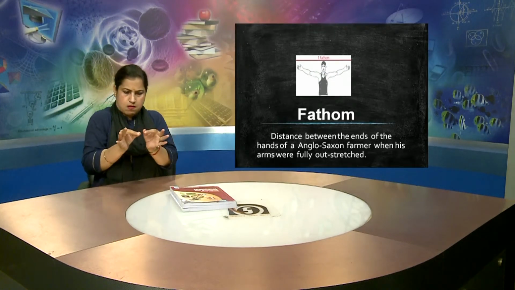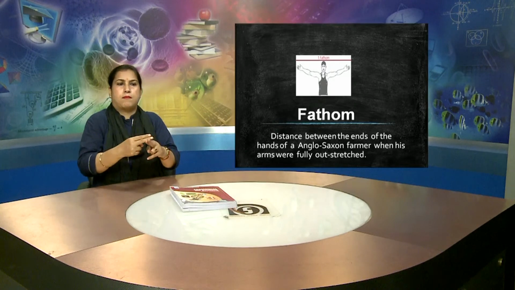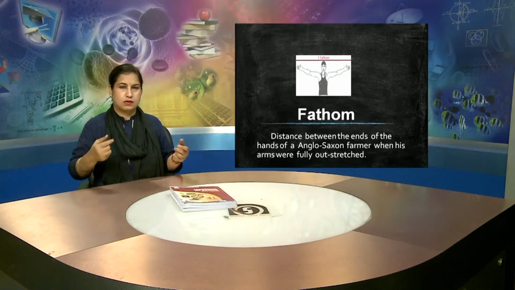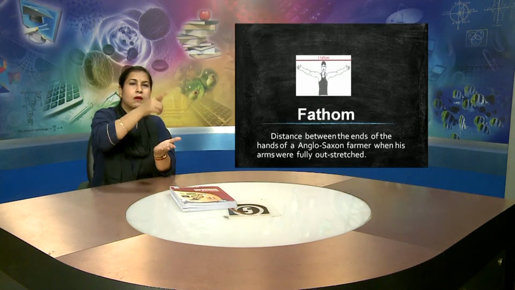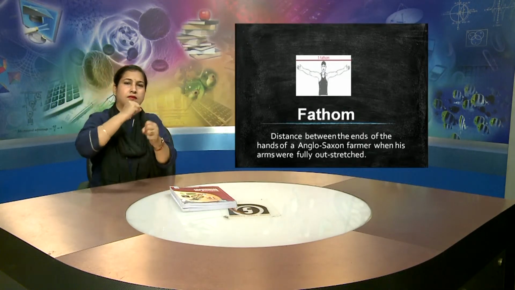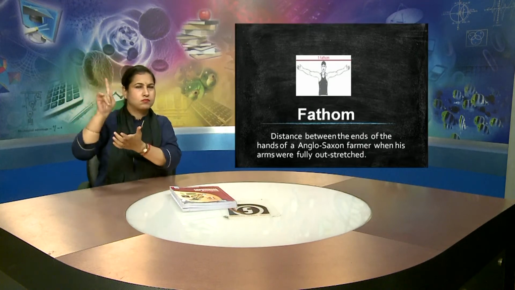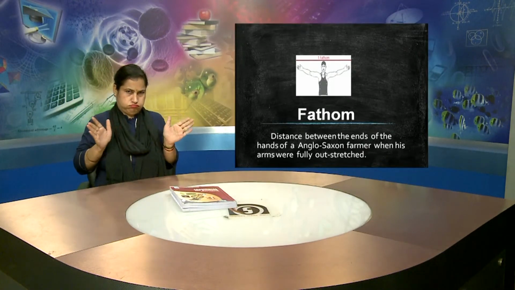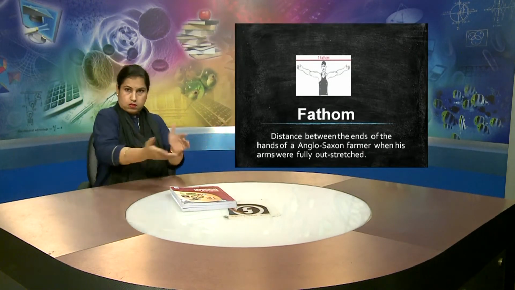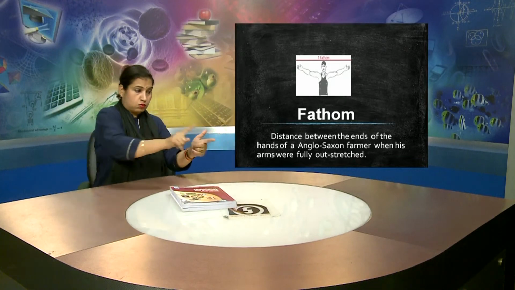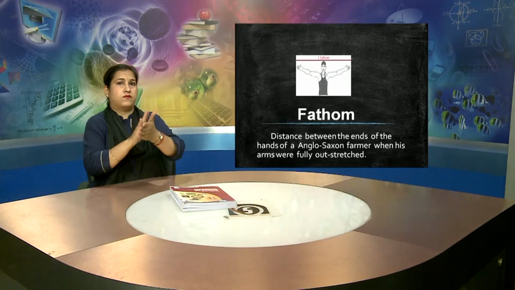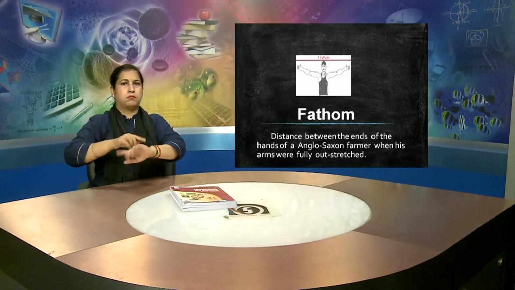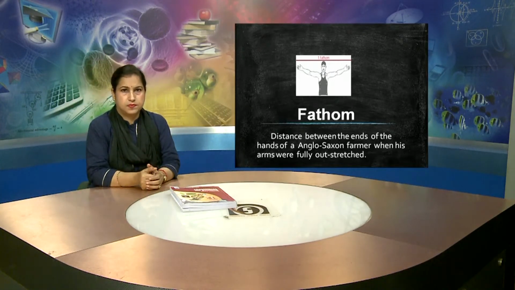Fathom: distance between the ends of the hands of an Anglo-Saxon farmer when his arms are fully stretched out, known as fathom.